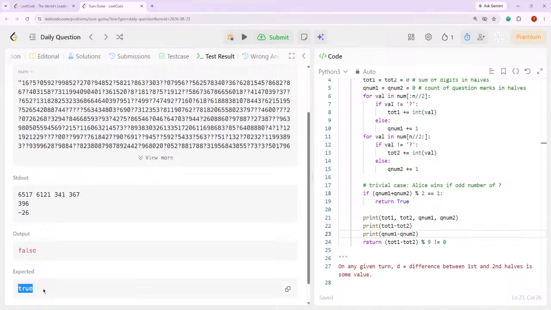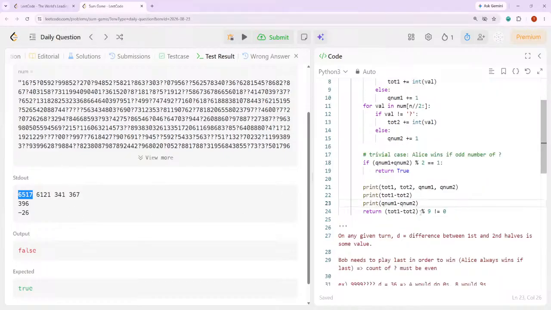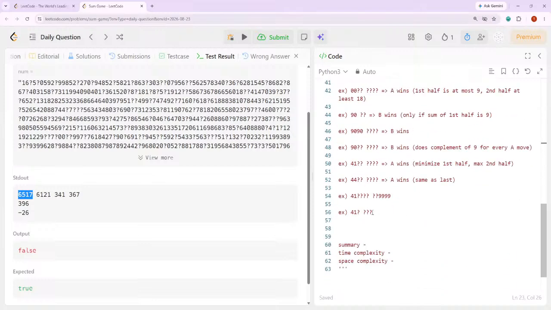Yeah, Alice should win here. But somehow I thought that Bob would win here. So Alice should make the first half really big. And then Alice should make the second half really small. Alice should win here.